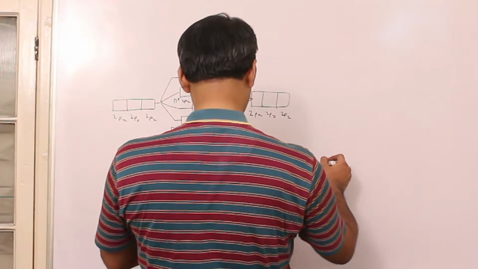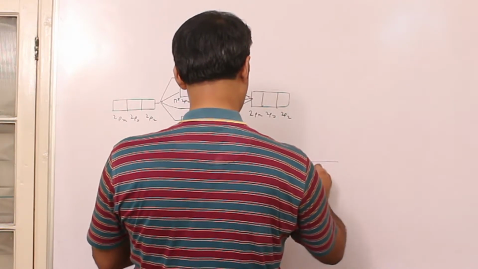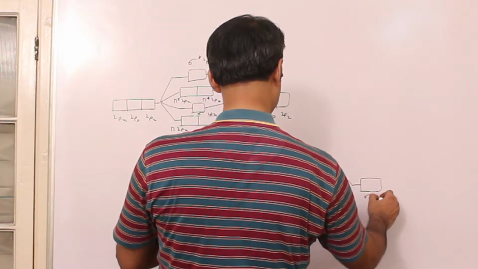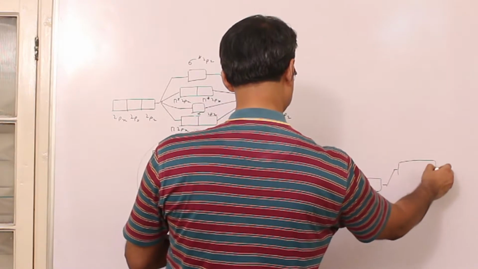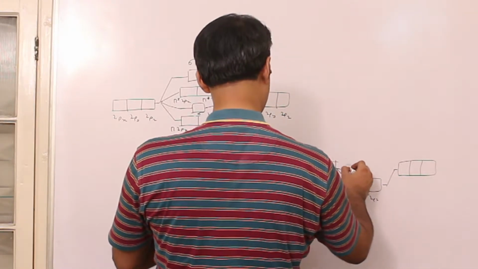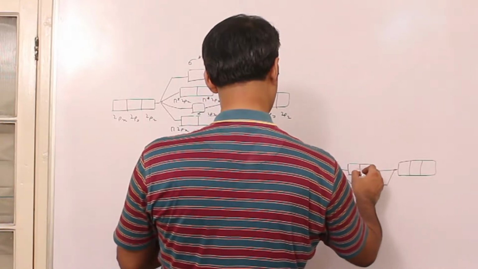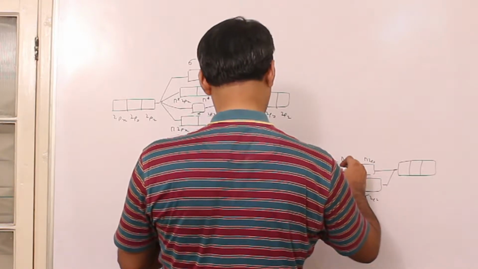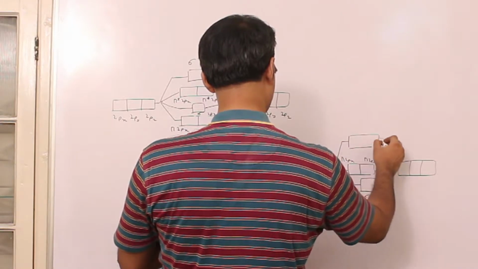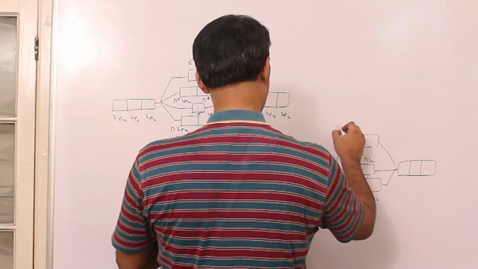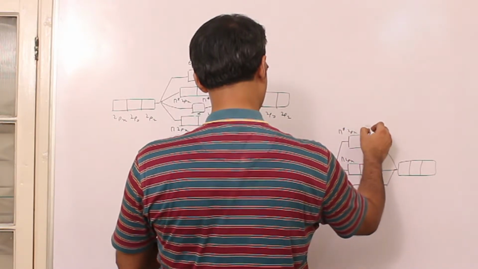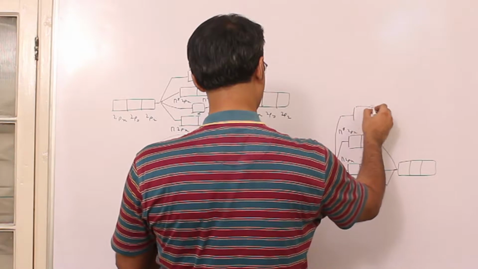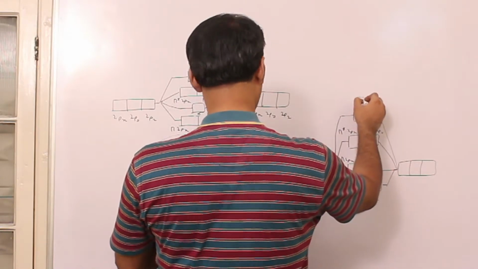But for the rest, there is a difference, and that is you first have sigma 2pz, after that you have pi 2px and pi 2py, then you have pi star 2px and pi star 2py, and finally you have sigma star 2pz.